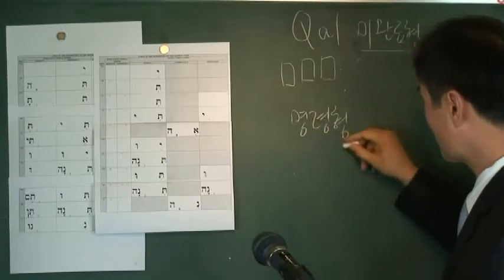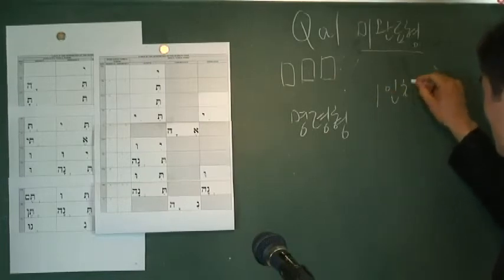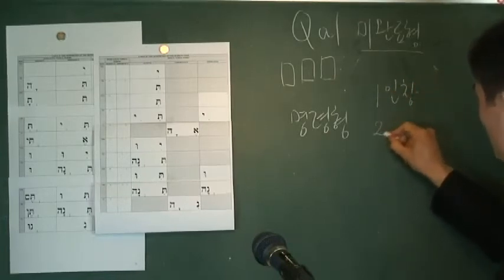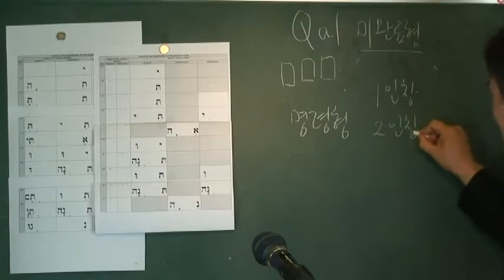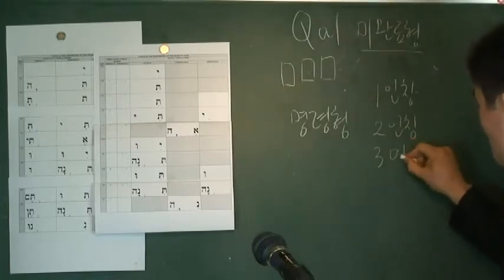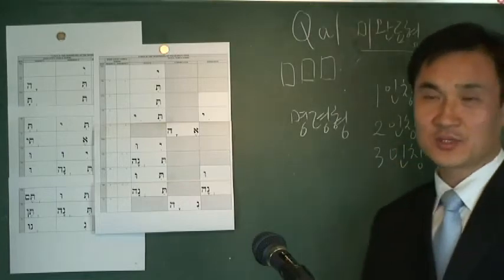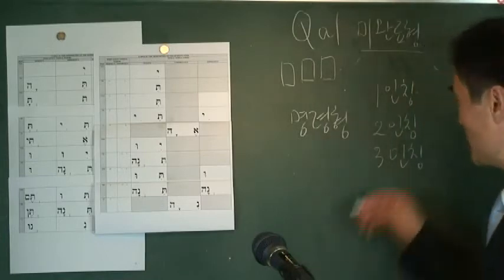There are 3 Hebrew imperatives. The first person imperative, the second person imperative, and the third person imperative.